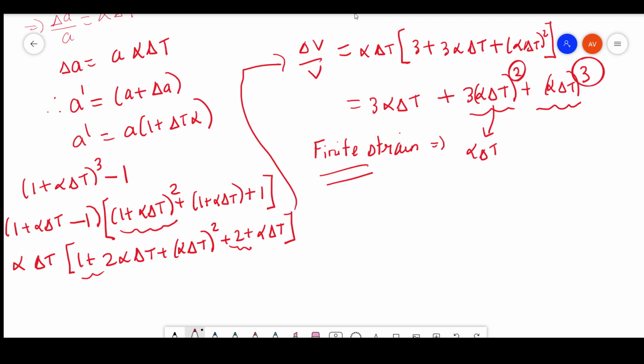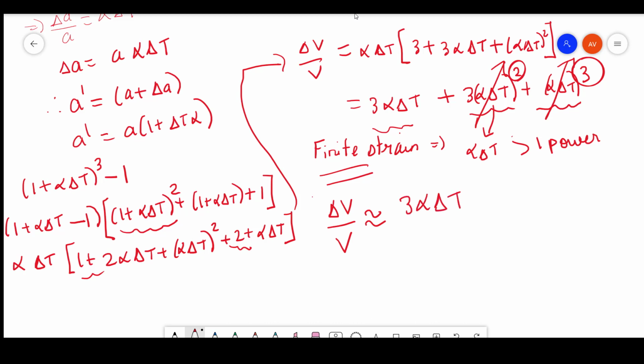If it has more than one power, we consider it very negligible compared to this term. So those terms are taken as zero. Your mean or approximate volumetric strain is going to be 3 alpha delta T. This is how you derive this formula. You can arrive at this formula by other methods also, but let's use this further.